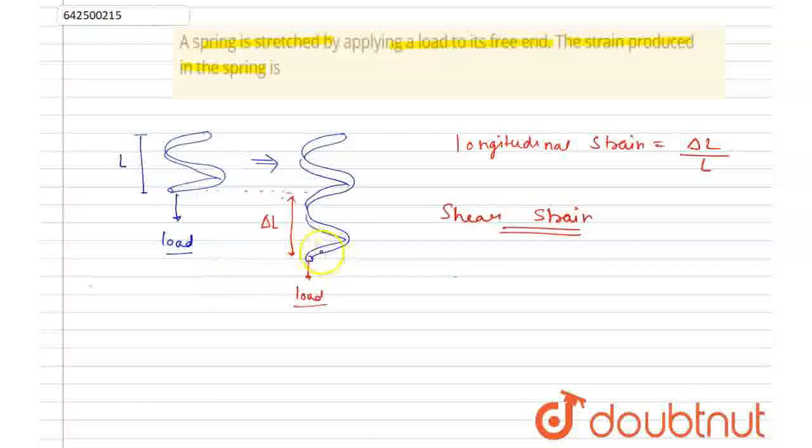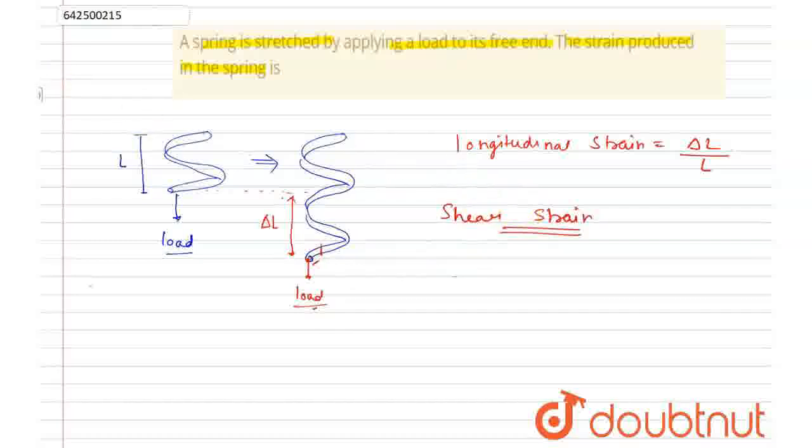So we find there is a bending towards the load of the spring. There is some deformation of the spring at the end due to the load, because the load is parallel to the cross-sectional area of the spring.